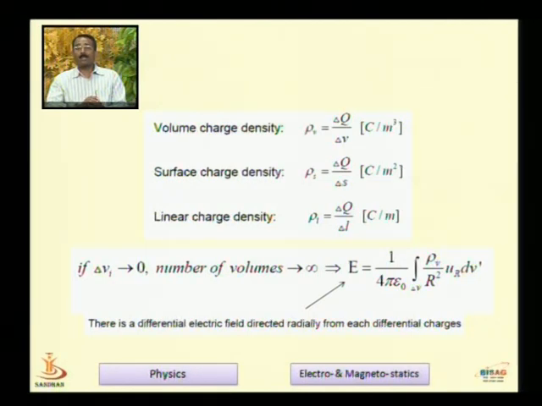Suppose your charge is distributed on a plane, then one has to consider surface charge density, and another one is volume charge density. So here in volume charge density, the charge is distributed over a volume. So from these three different charge densities, one can compute the electric field.